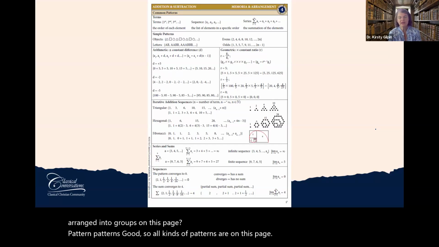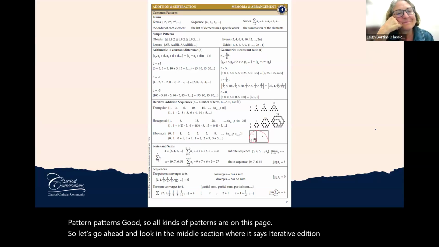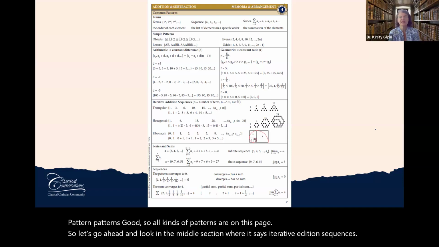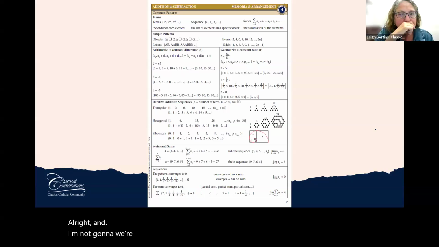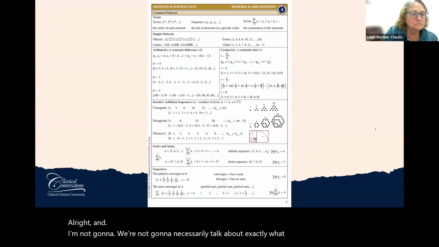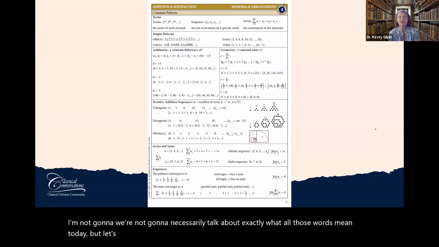So let's go ahead and look in the middle section where it says iterative addition sequences. We're not gonna necessarily talk about exactly what all those words mean today, but let's look at those three sequences: triangular, hexagonal, and Fibonacci.